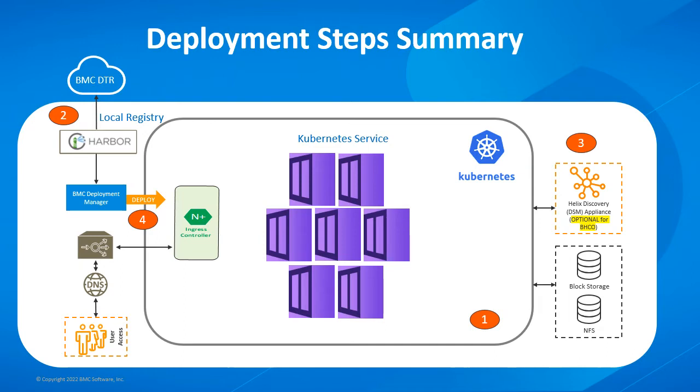The install takes place after you've configured your BMC cluster, your load balancer, your DNS, and once you configure these, you can run the deployment manager to actually install the images from the Harbor into the Kubernetes.